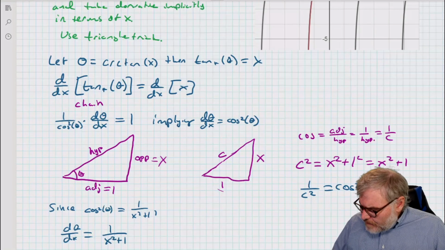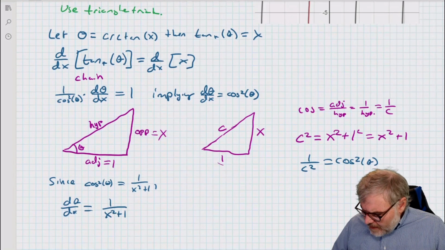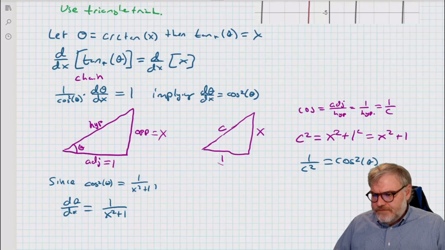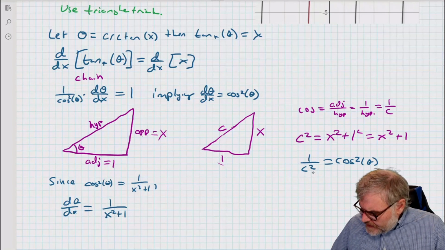Okay. So now I do the Pythagorean theorem again. I get c squared equals x squared plus 1, which means that 1 over c squared is going to be cosine squared. Well, cosine squared is 1 over x squared plus 1 then. Because now I've got cosine is 1 over c, and this is 1 over c squared, so I'm going to get cosine squared.